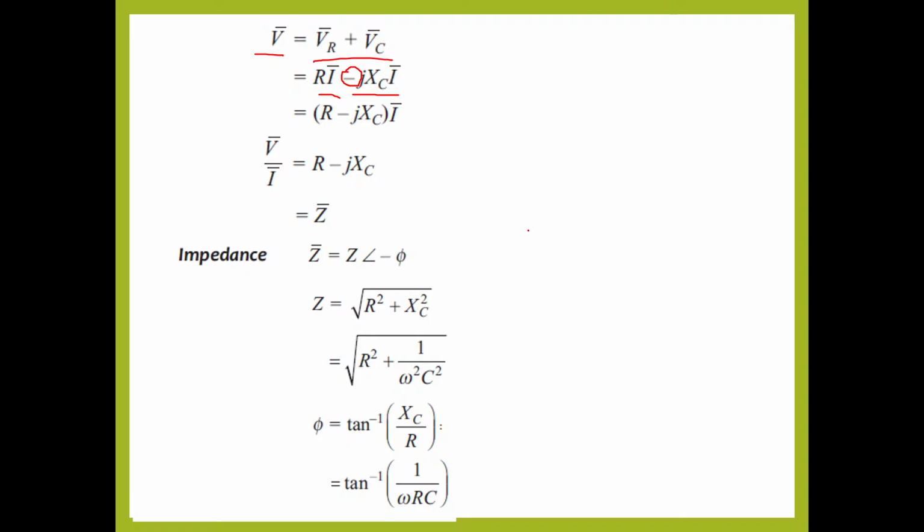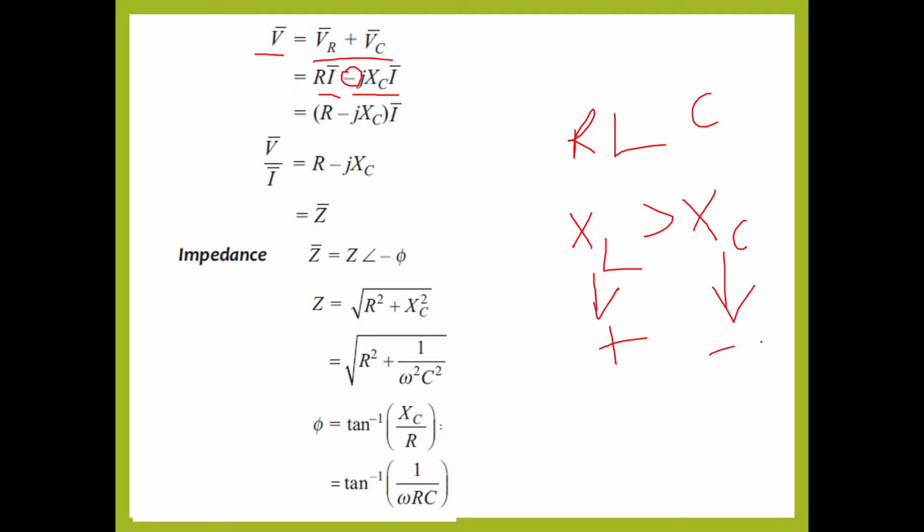Usually in an RLC circuit, XL will be greater than XC. If XL is greater than XC, XL is considered positive and XC is considered negative.